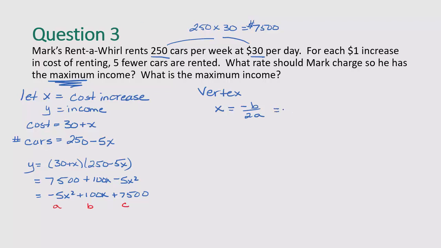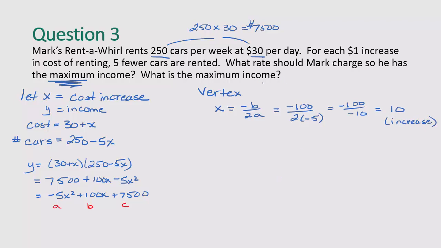So minus b, so negative 100, divided by 2a, 2 times minus 5, so negative 100 over negative 10, or 10. So this means I should increase my cost by $10 a car to make my maximum.